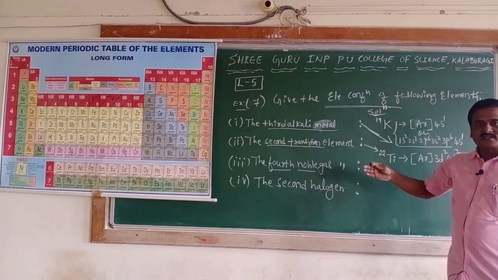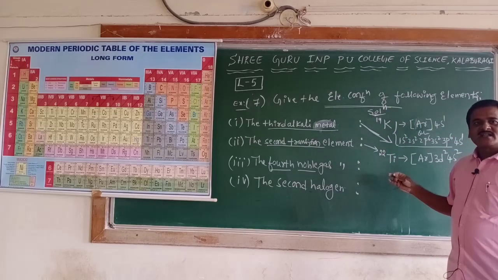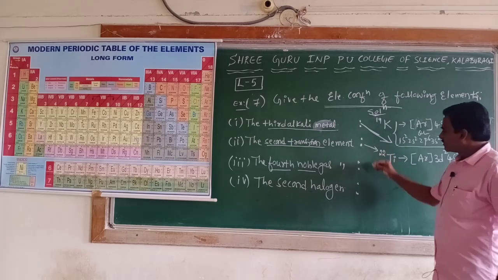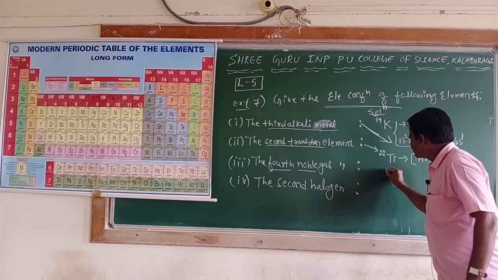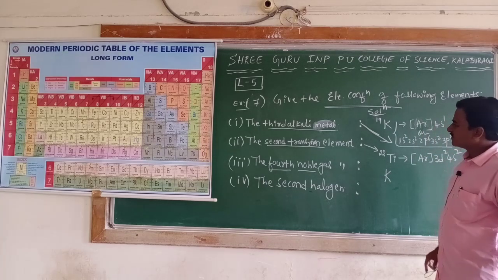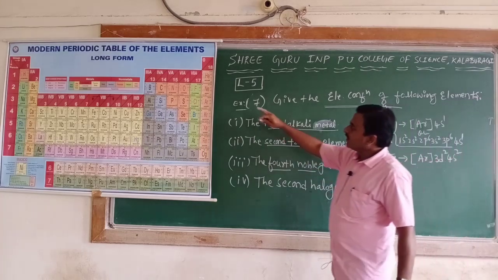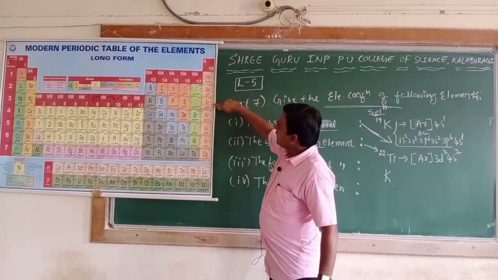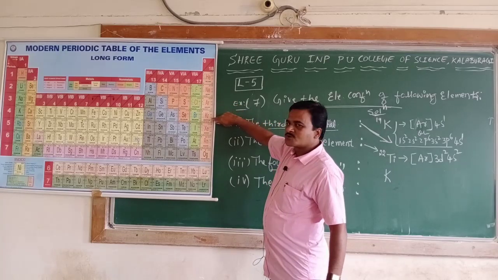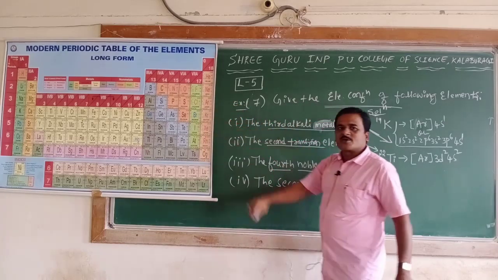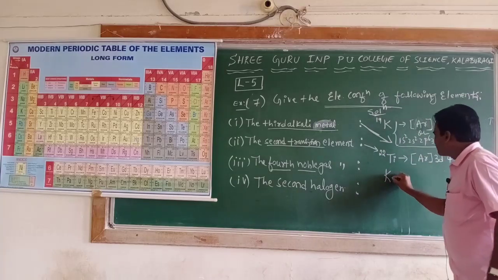Now the fourth noble gas. The 18th group elements: helium, neon, argon, krypton. So the fourth noble gas is krypton, with atomic number 36.